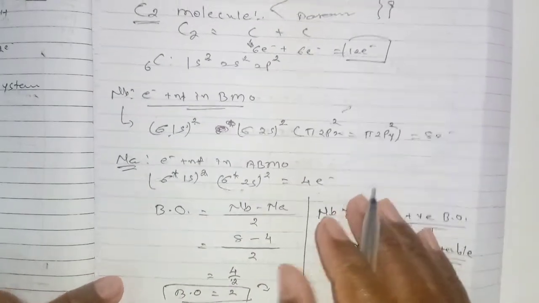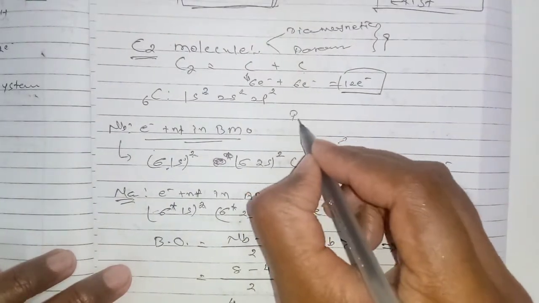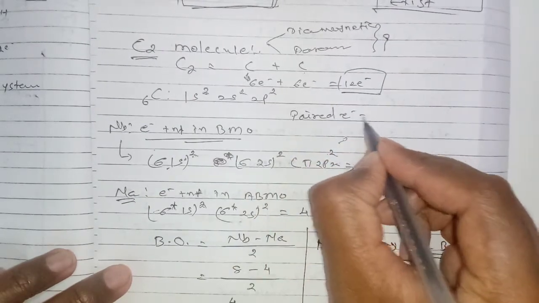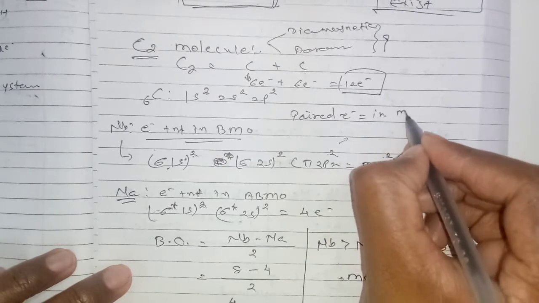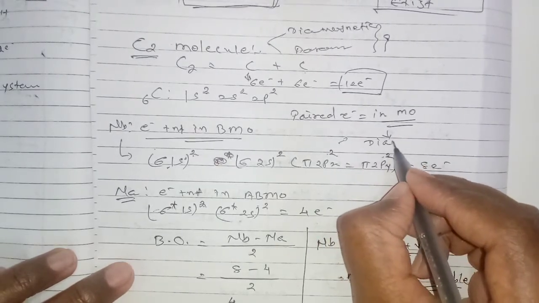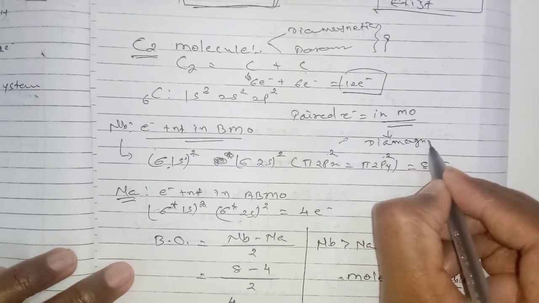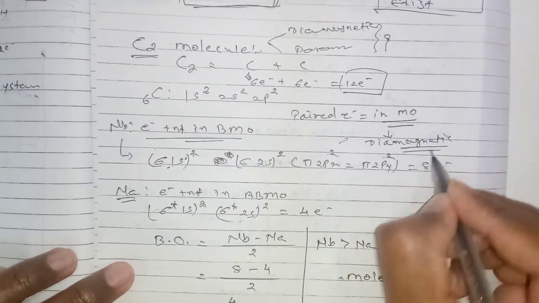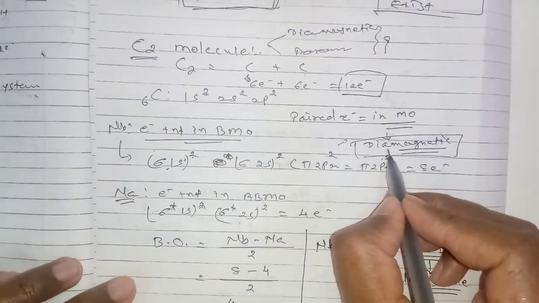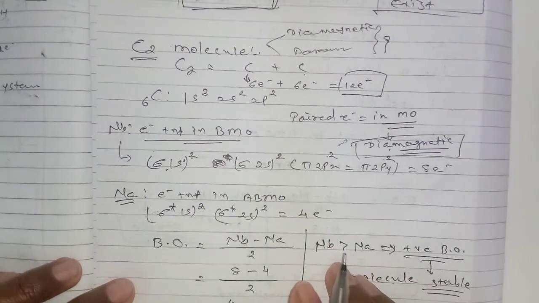So whenever there are paired electrons in molecular orbitals, they are diamagnetic in nature. So the C2 molecule is diamagnetic in nature.